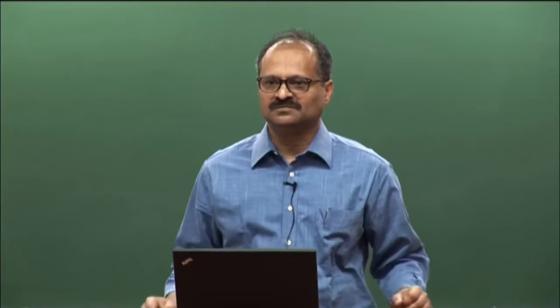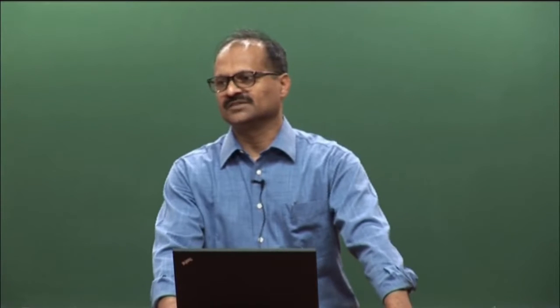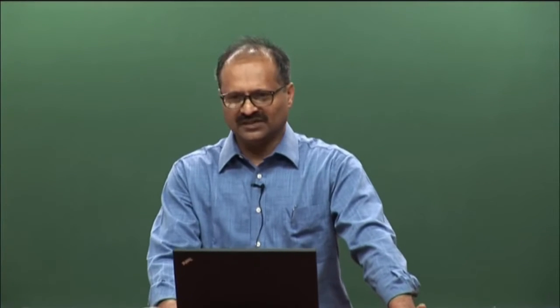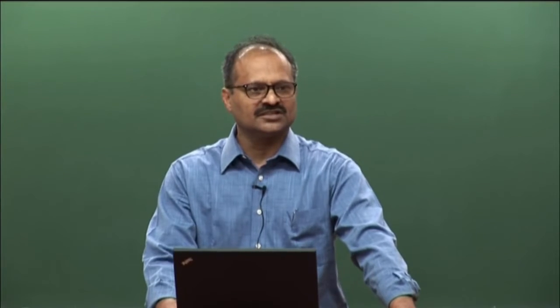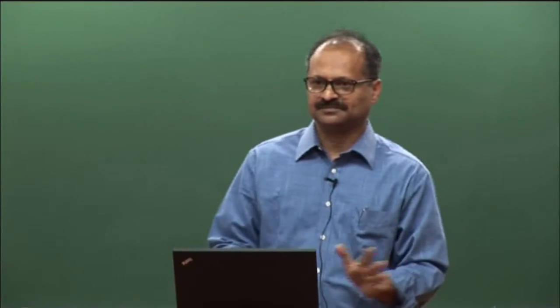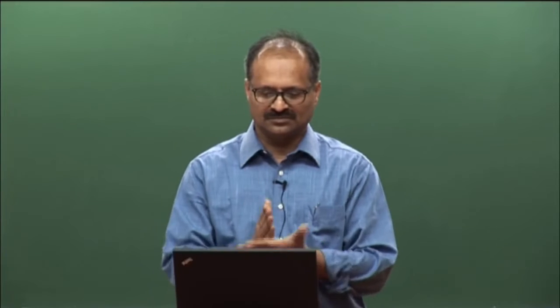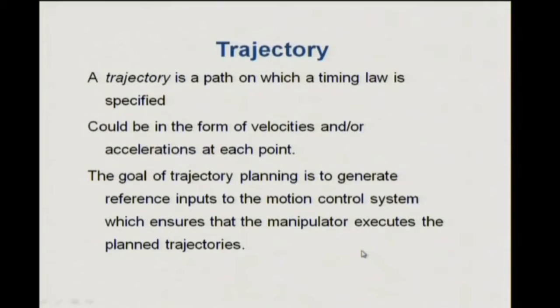When you combine these two, you get what is called a trajectory. It's a very simple and very fundamental definition which you need to understand. Is that clear? Okay, so, timing law.